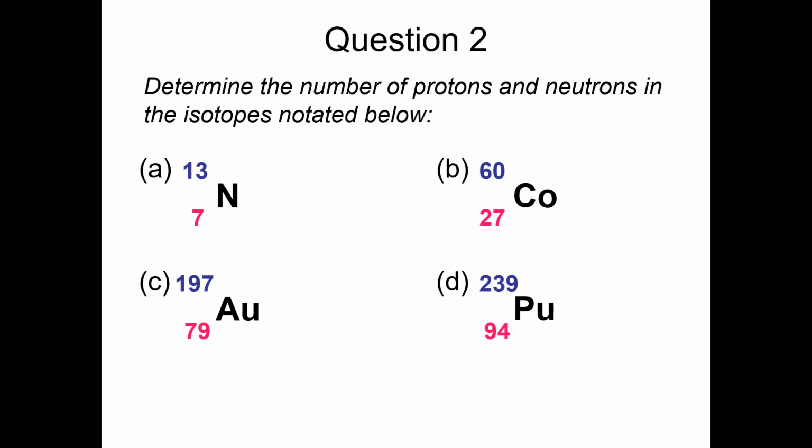It doesn't matter whether you know the name of those elements: the nitrogen, the cobalt, the silver, and the plutonium, I guess. It is not your responsibility to know those. Just know that this letter down, this number down, this number up means this one. That's all you need to know.